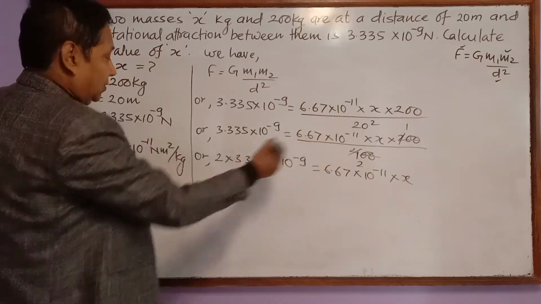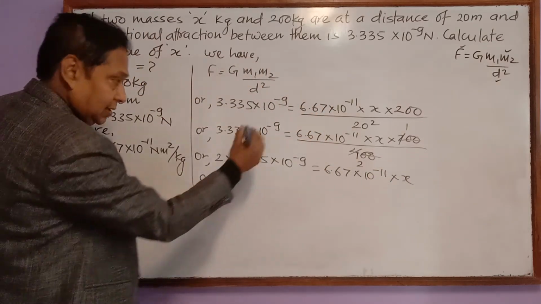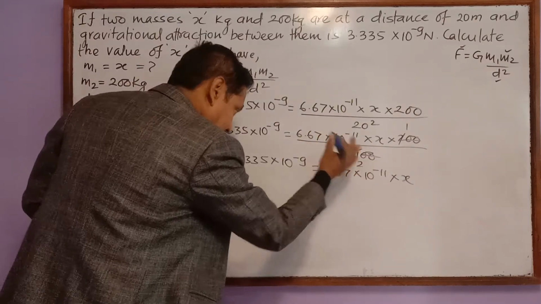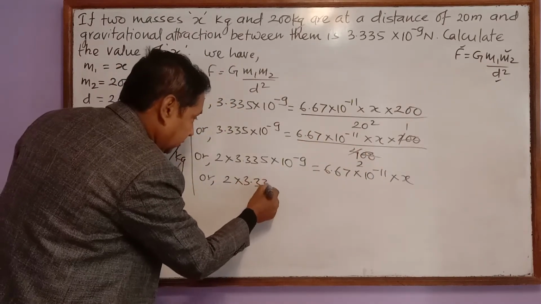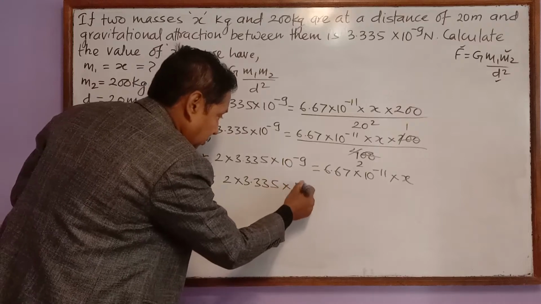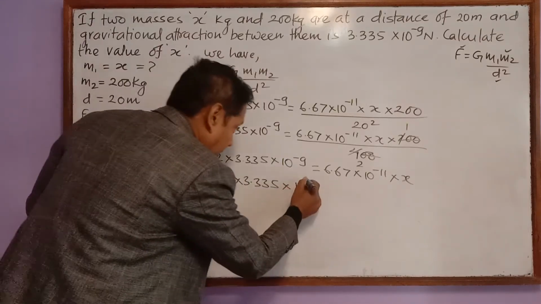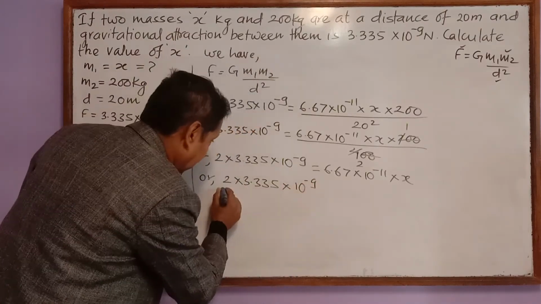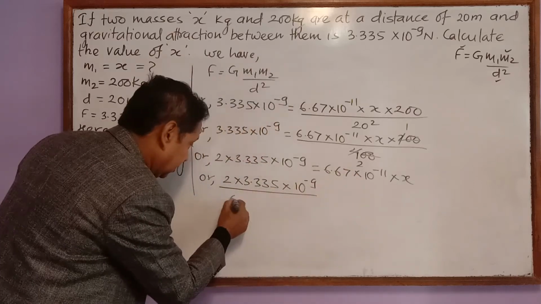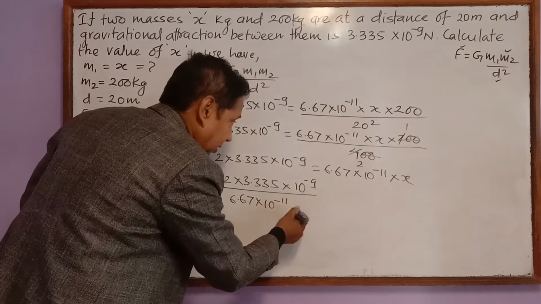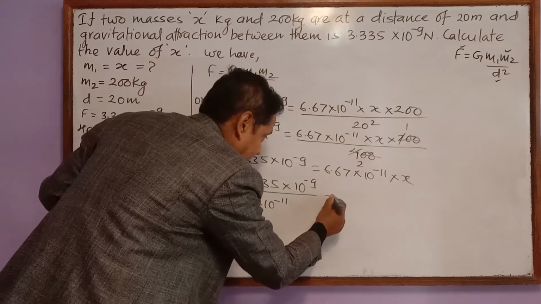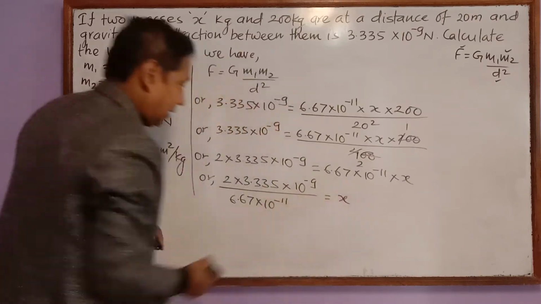Now we have to calculate x. That's why let's take this x in its own position. 2 into 3.335 into 10 to the power minus 9, if 6.67 into 10 to the power minus 11 is taken to left hand side, then it comes in denominator, is equal to x.